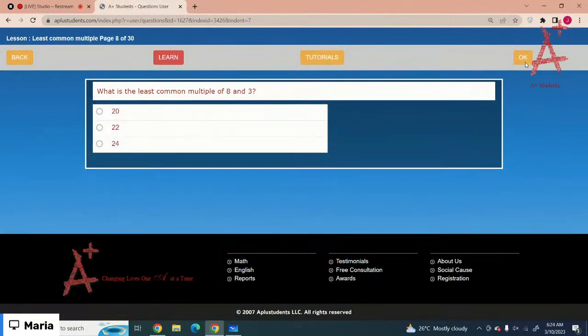Okay, the next one is, what is the least common multiple of 8 and 3? So which is the correct option? Very good. LCM of 8 and 3 is 24.